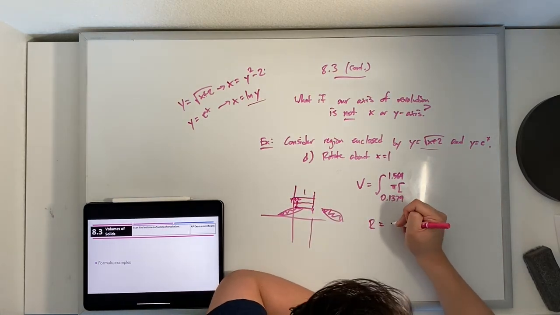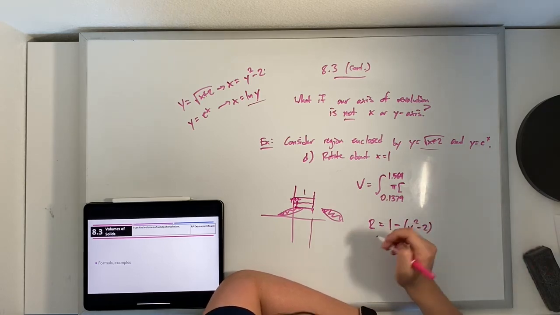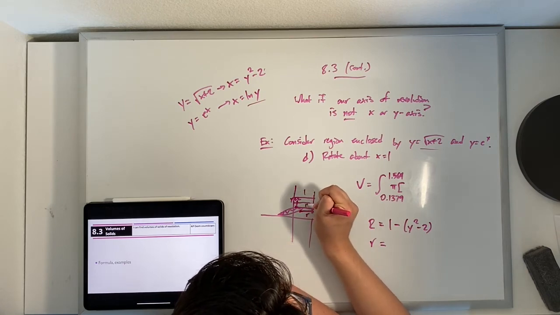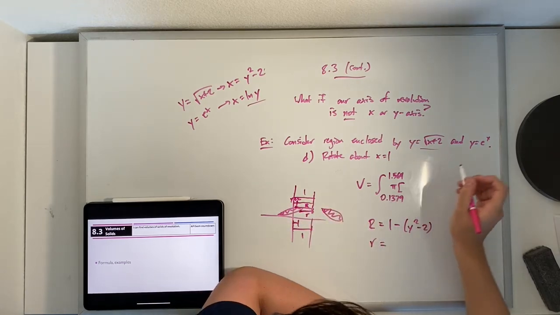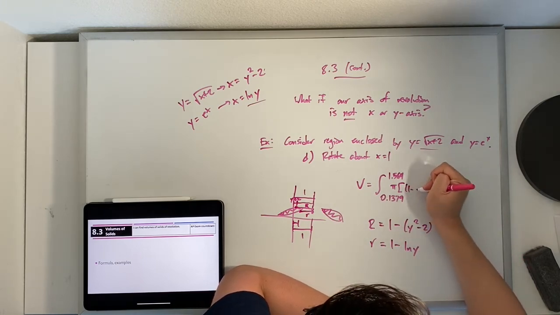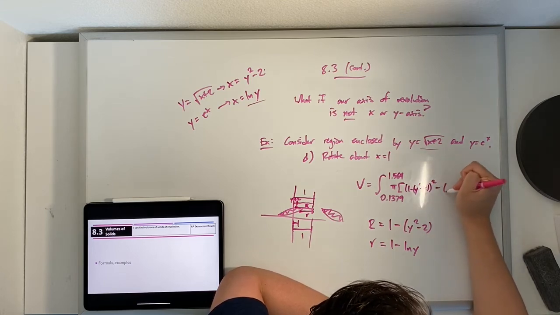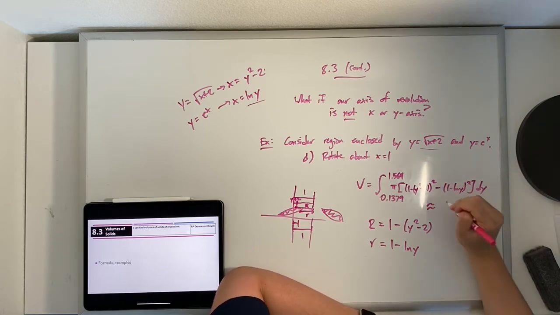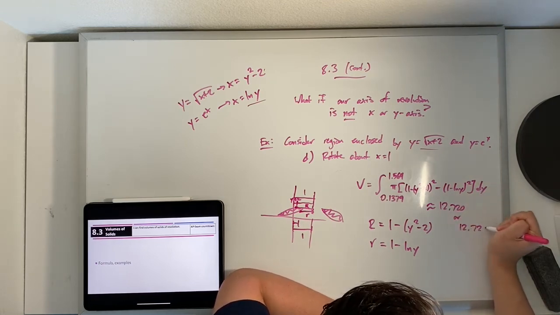So that's our big R, and our little r works similarly. The whole thing is 1, and we need to subtract away this distance, which is the natural log of y. And we get 12.720 or 12.72.